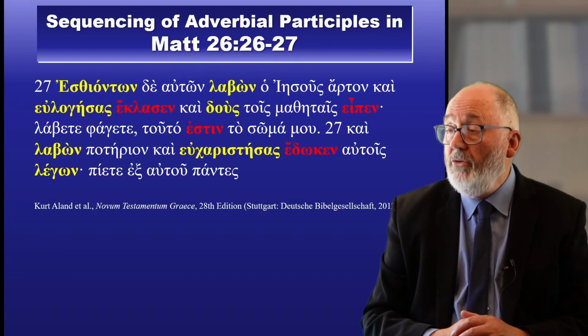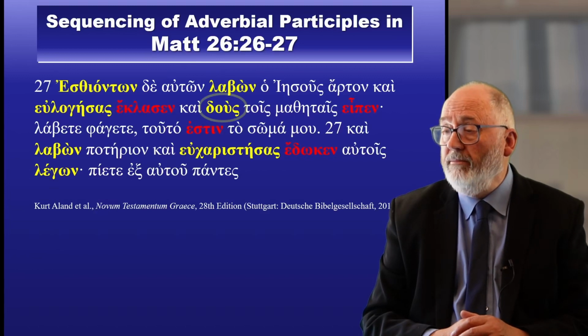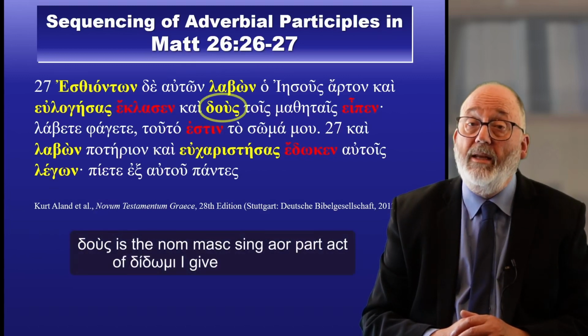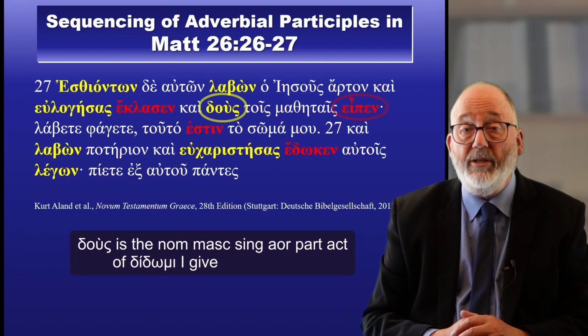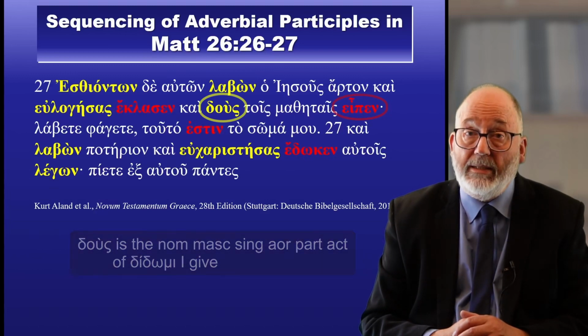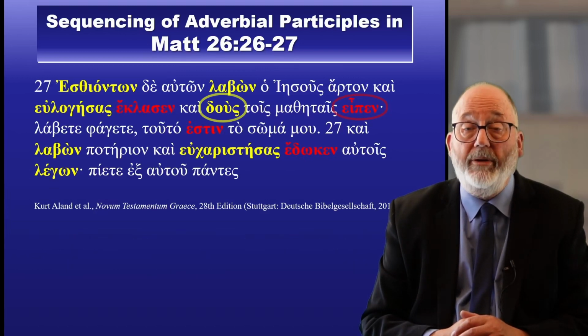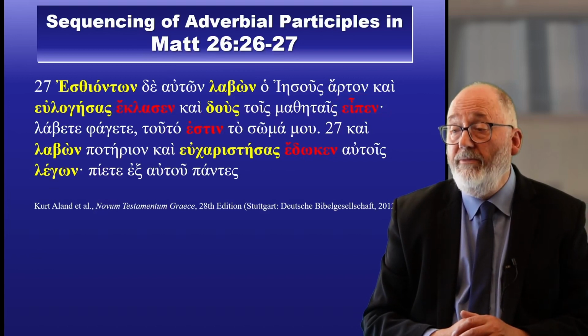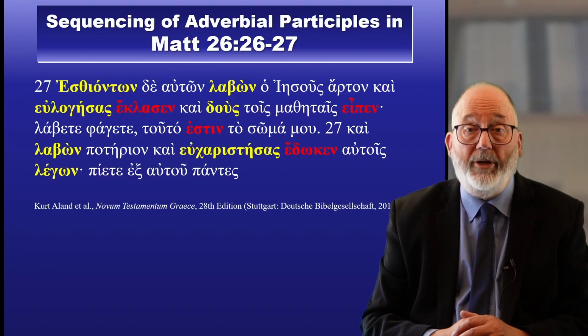And dous tois mathētais eipen. Again, dous shows that something took place before the action of the main verb. So before Jesus said something, he gave the broken bread to the disciples. And he said, labete phagete, take, eat. This is my body.